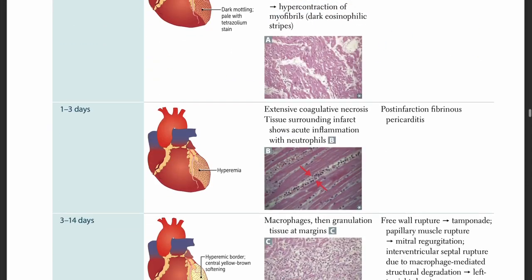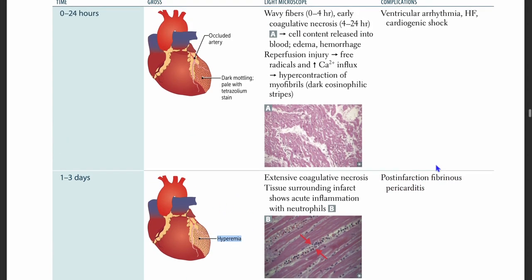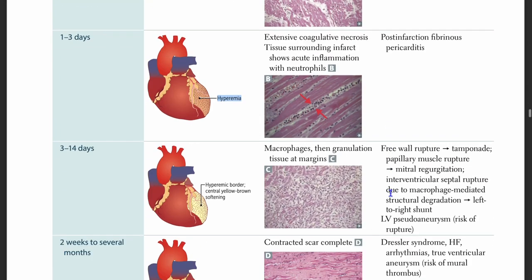Okay, then what happens after eosinophils? You get neutrophils. So in 1 to 3 days, you have extensive coagulative necrosis. Tissue surrounding the infarct shows acute inflammation with neutrophils. The complication is post-infarction fibrinous pericarditis, and you have redness in that area, which is called hyperemia.